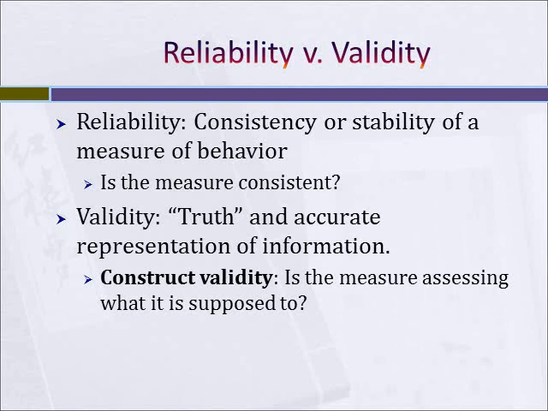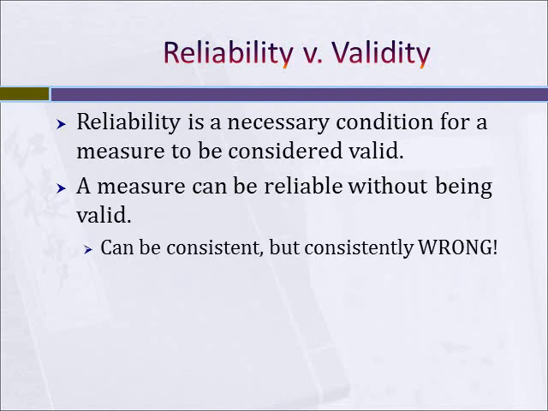But for now, think of validity as actually measuring what you're supposed to. So going back to that conscientiousness example, is that conscientiousness measure actually measuring conscientiousness? There are a lot of different ways to figure that out, but for now just think validity means measuring what you're supposed to measure.